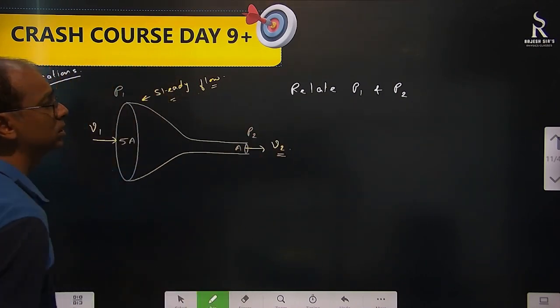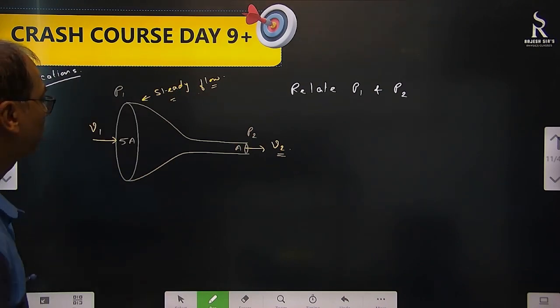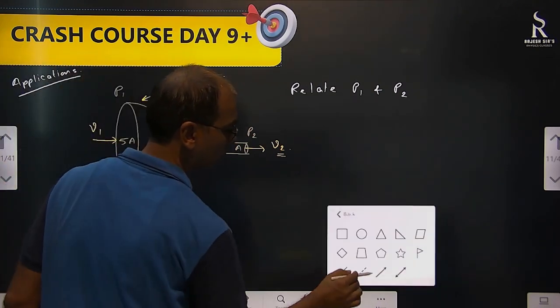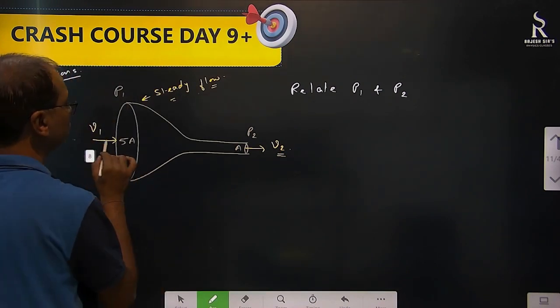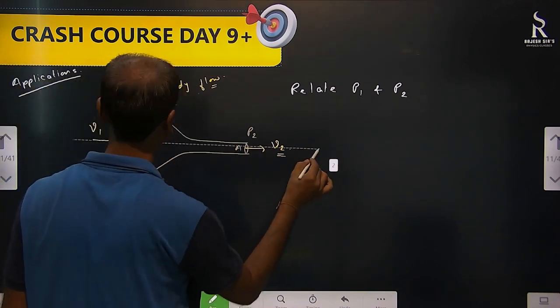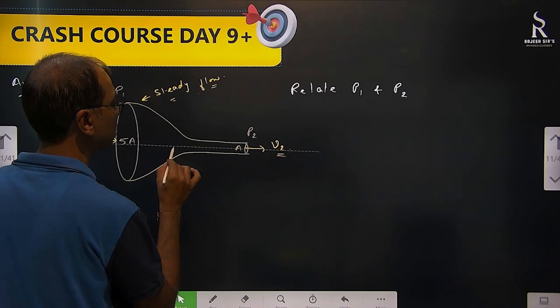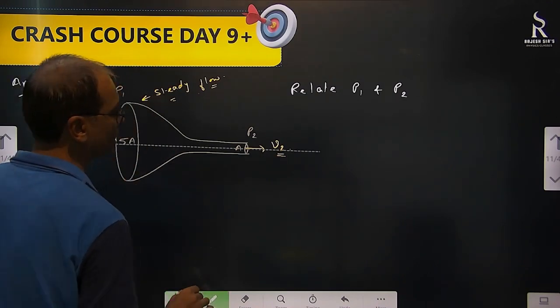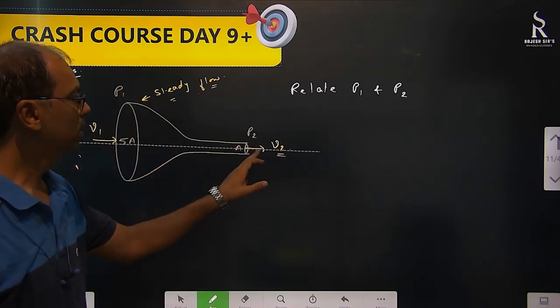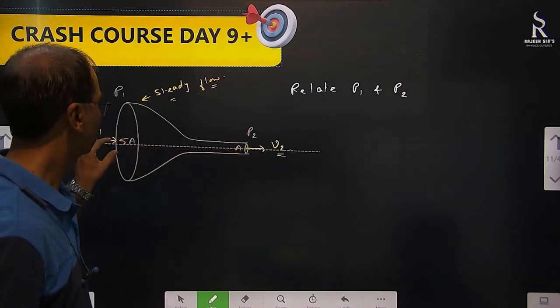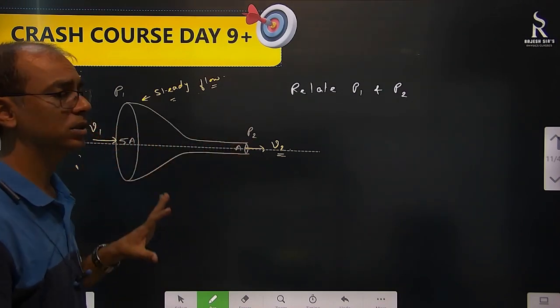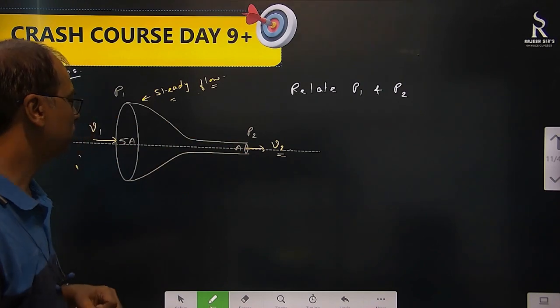He is asking what is the relation between the pressures. Suppose they are at the same level, meaning the centers of both cross sections are at the same level, so potential energy is not changing.